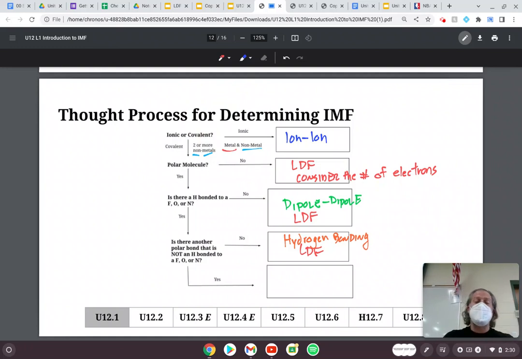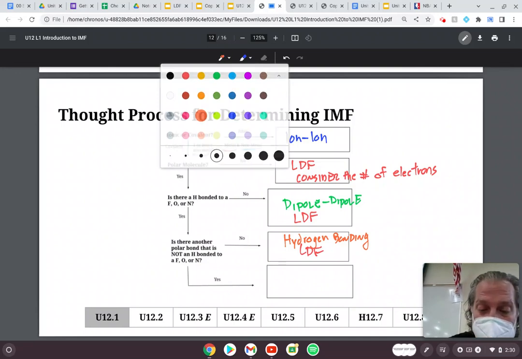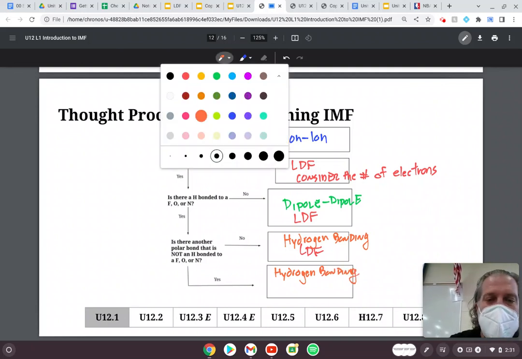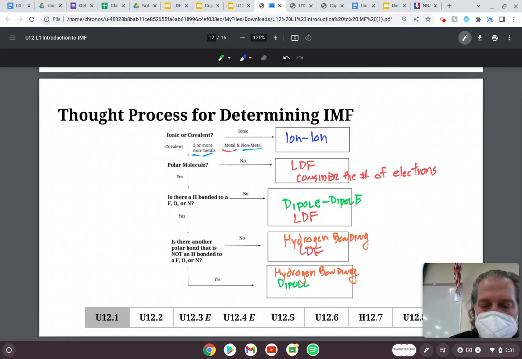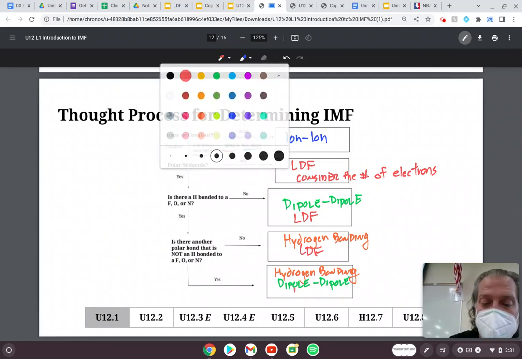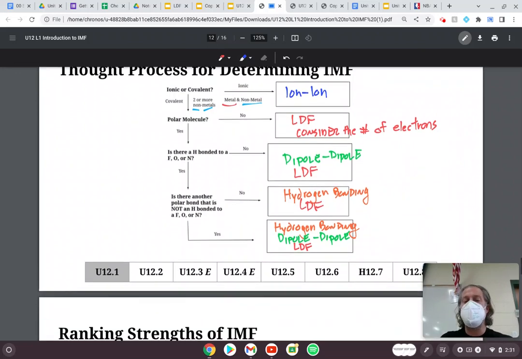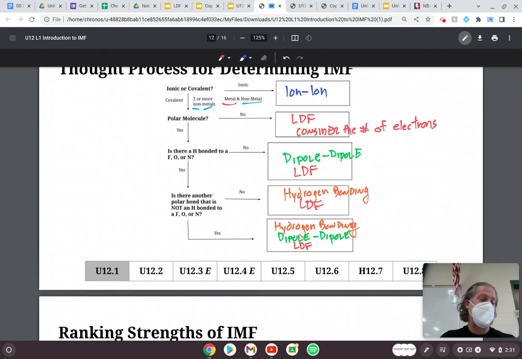But if it is a polar covalent molecule that has hydrogen with fluorine or hydrogen with oxygen or hydrogen with nitrogen, and another polar bond somewhere in there, then this molecule can have hydrogen bonding, it can have dipole, and it can have London dispersion forces. All of them. And we're going to spend some time tomorrow going through examples like that.